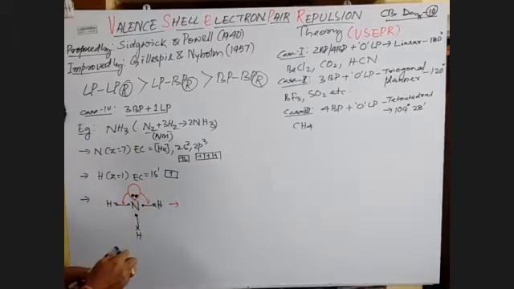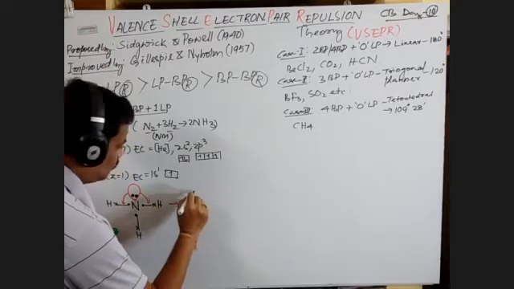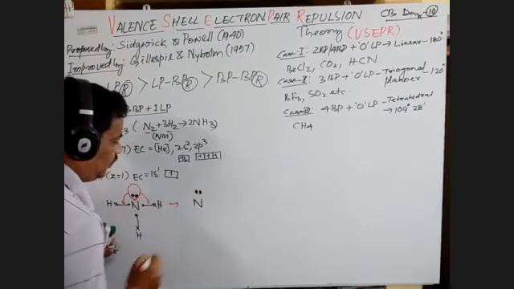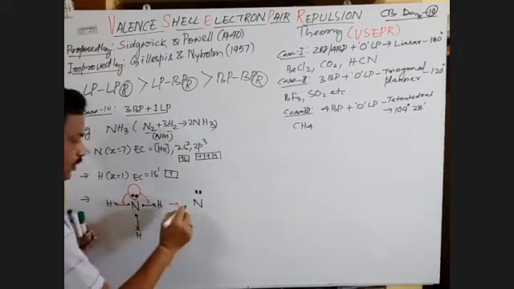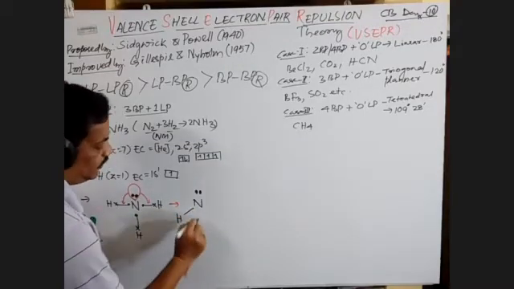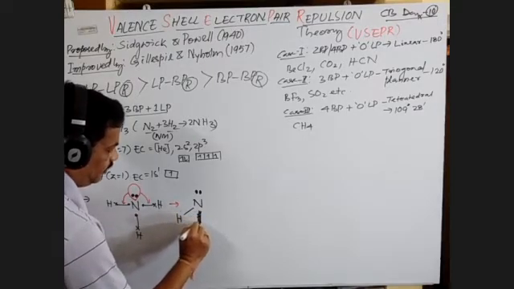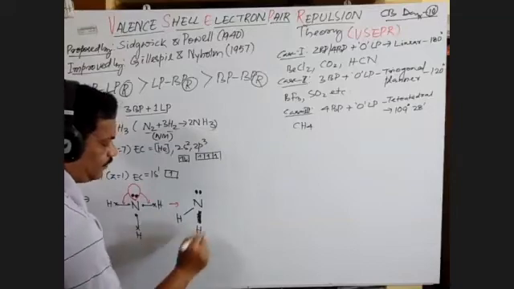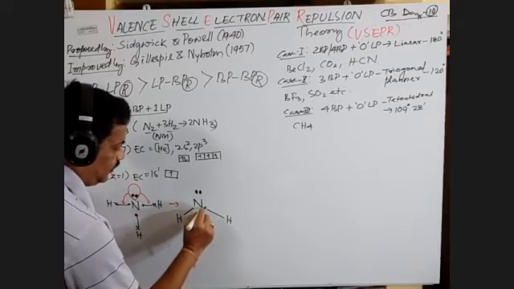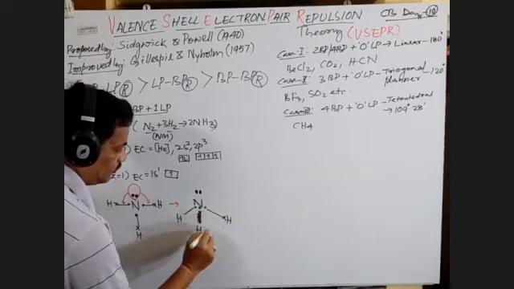Because of repulsion, nitrogen will be at the central place with a lone pair, which repels the bond pairs. One hydrogen bonds here, the second hydrogen here, and this is the third hydrogen.